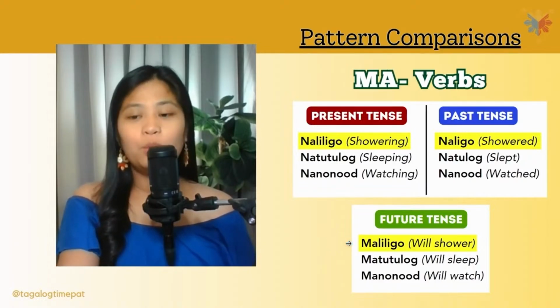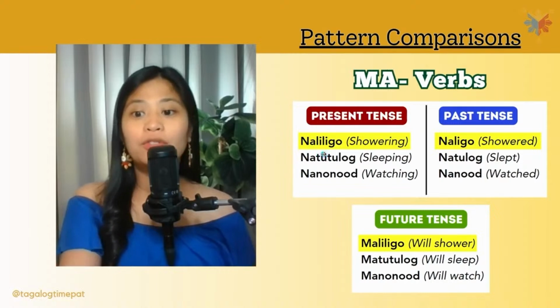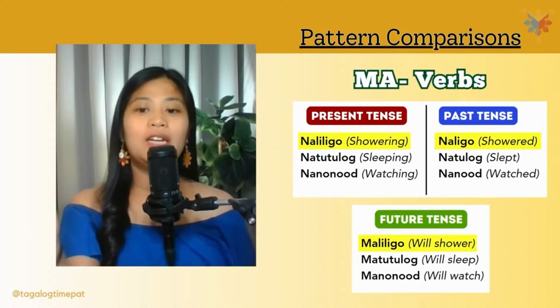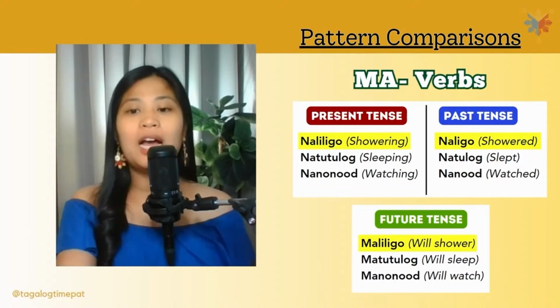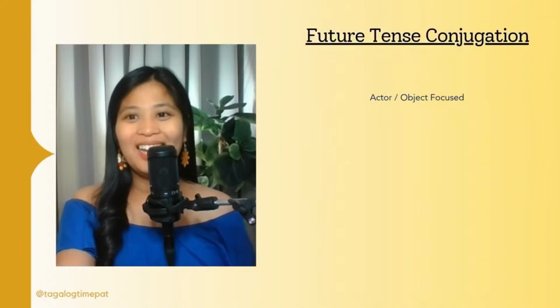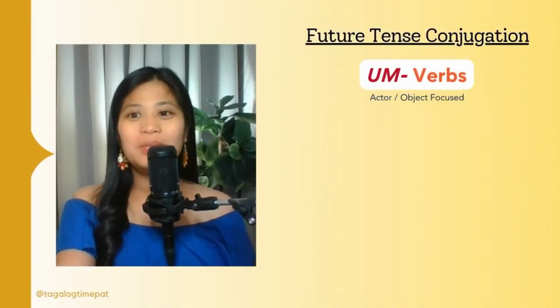Maliligo ako, I will take a shower. Again, for ma verbs, it's a very similar pattern for present and future tense conjugation. The only difference is that first letter. But they both have that repeated first syllable. So again, try to listen carefully or try to rely on the context clues so that you can figure out what they're talking about.